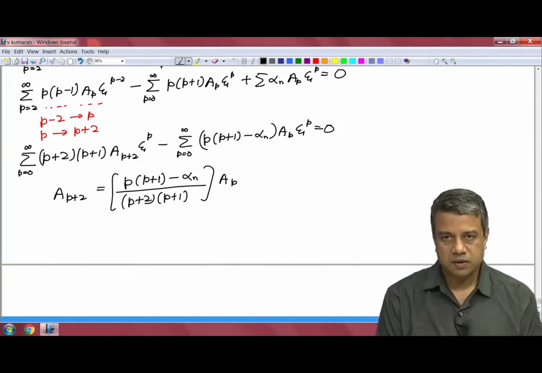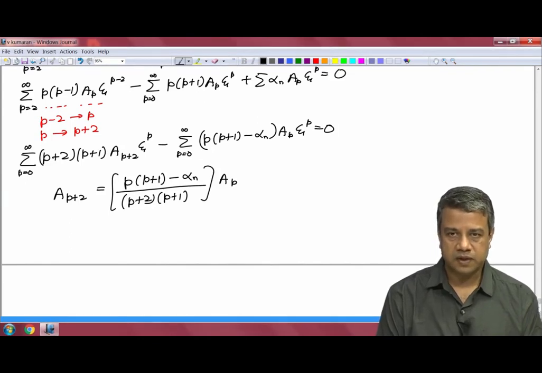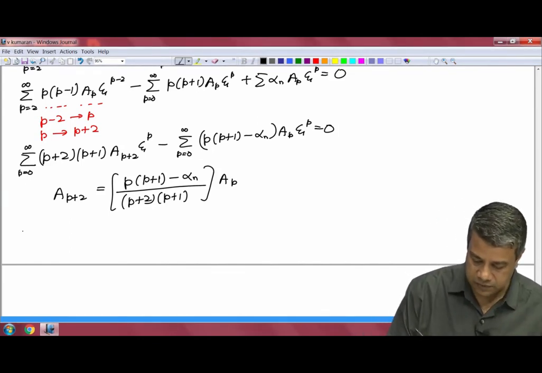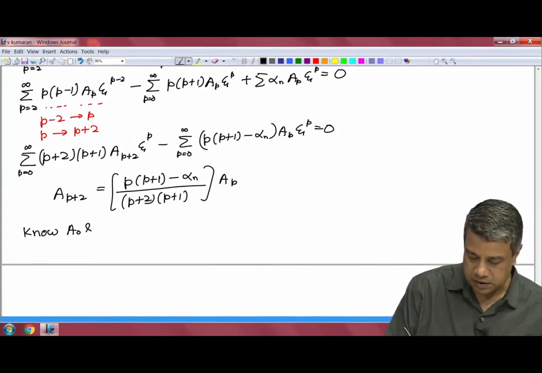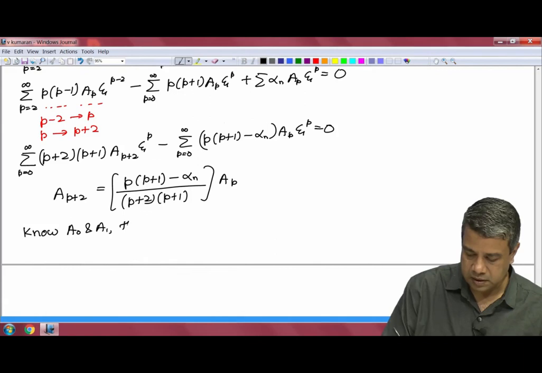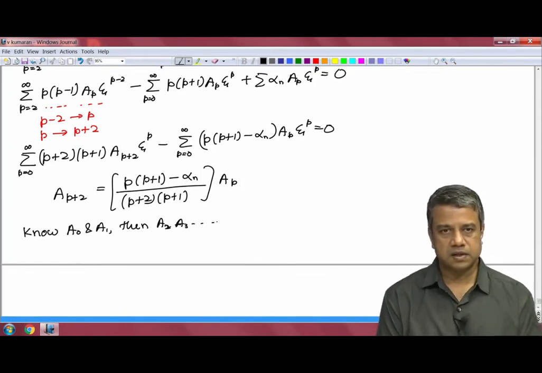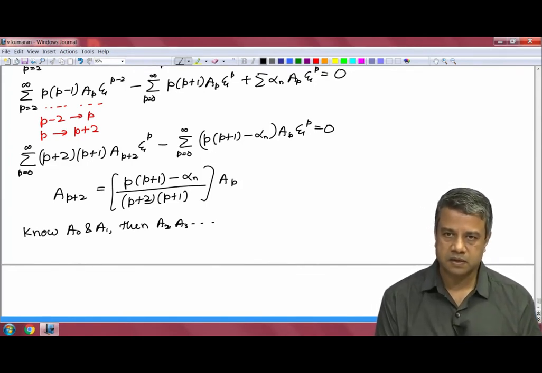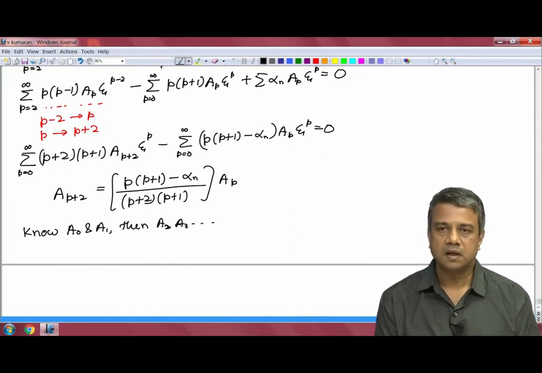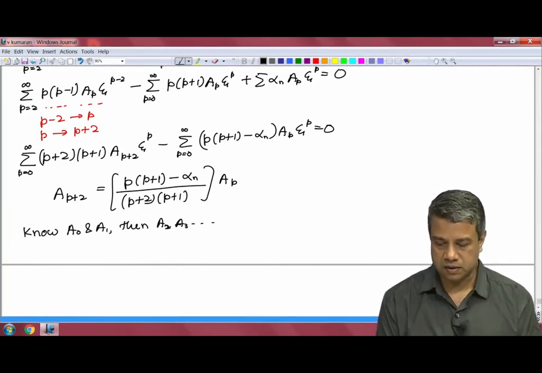So, therefore, if I know just two coefficients a0 and a1, then a2 etc. can be calculated using this recurrence relation, and that gives me the solution of the equation. That gives me the series solution of this equation.